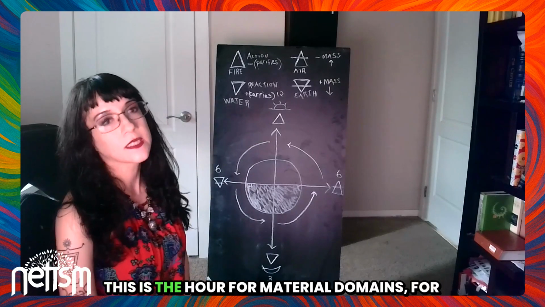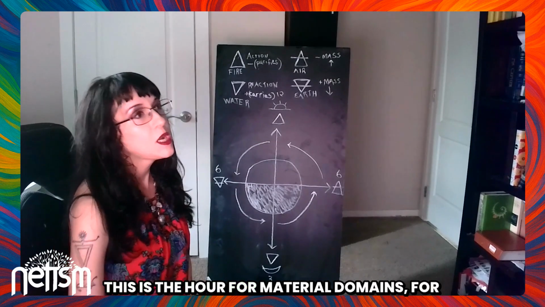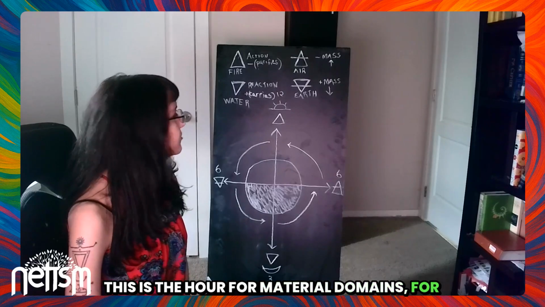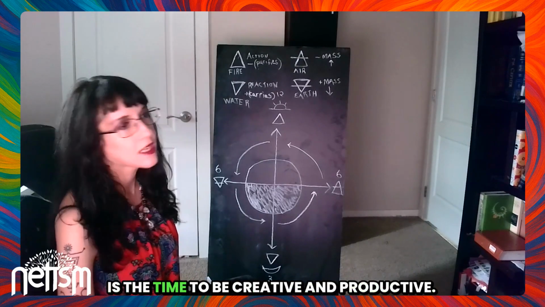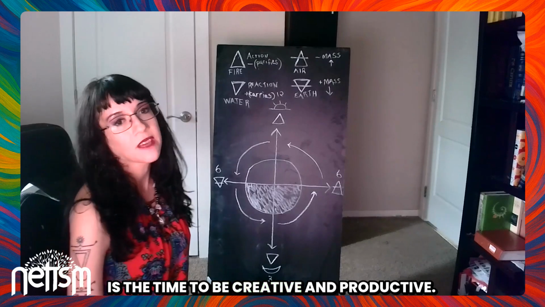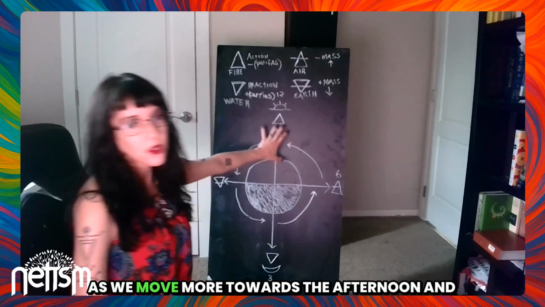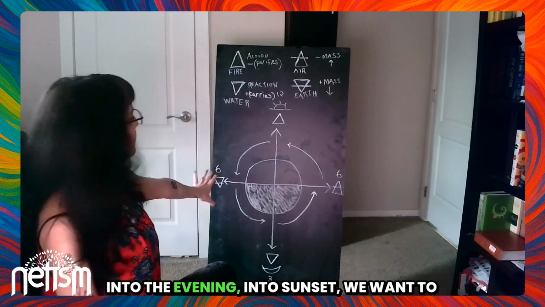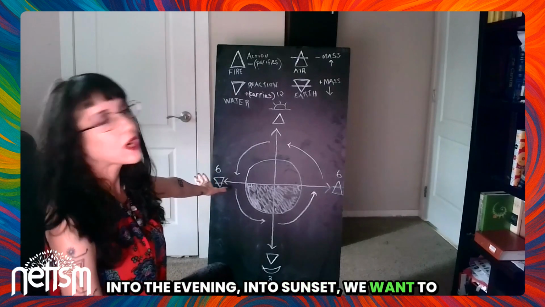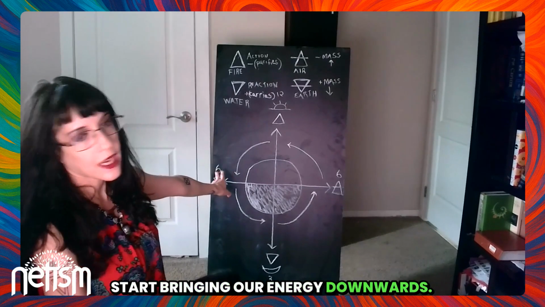This is the hour for material domains. For physical work or mental work, it is the time to be creative and productive. As we move more towards the afternoon and into the evening, into sunset, we want to start bringing our energy downwards.